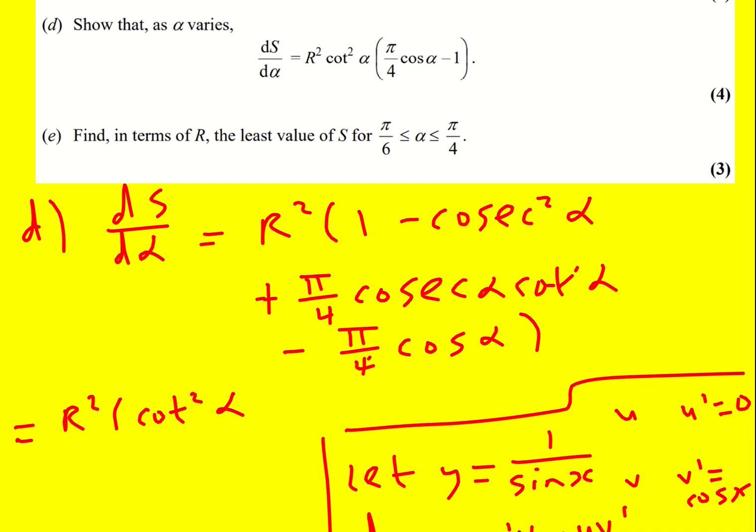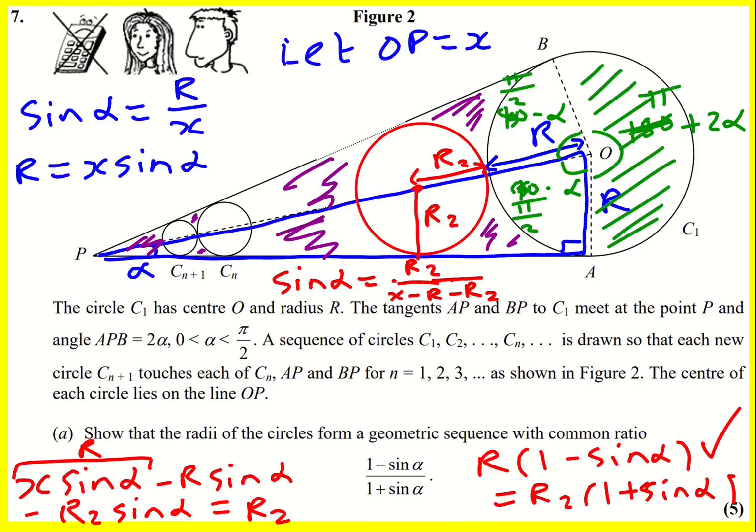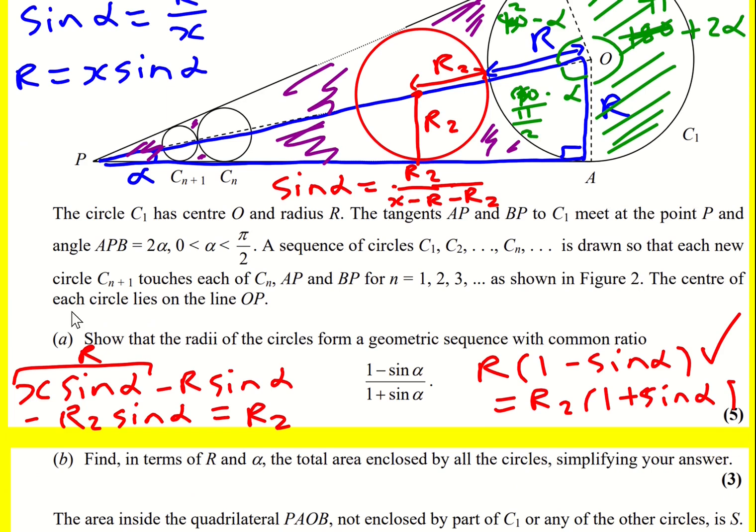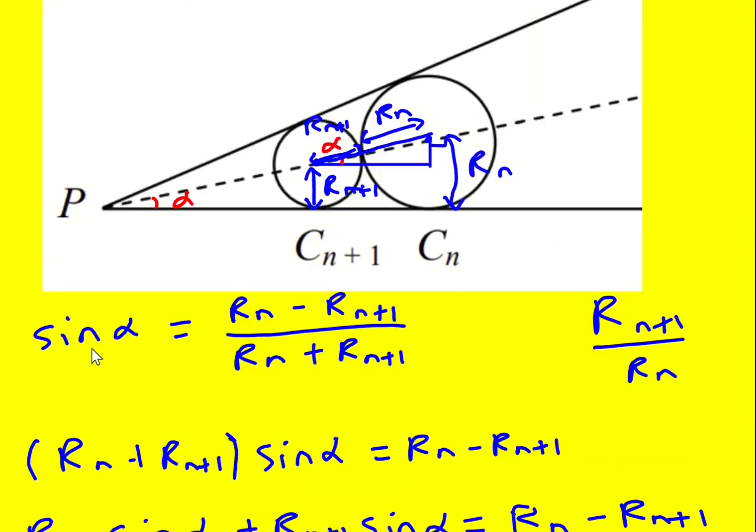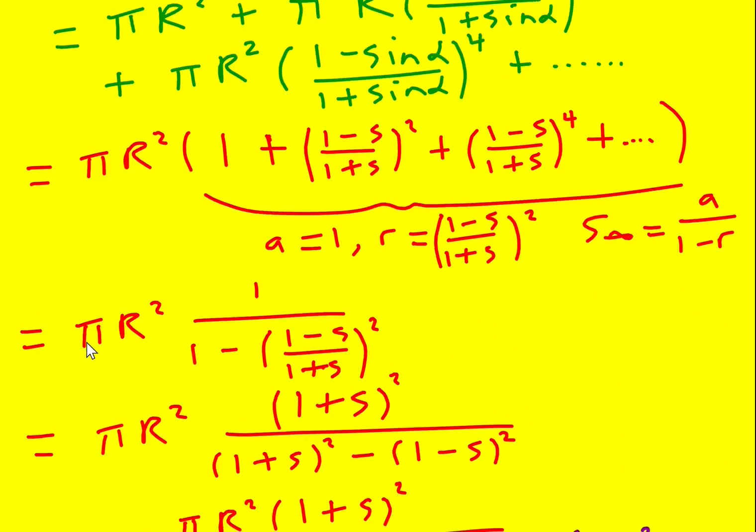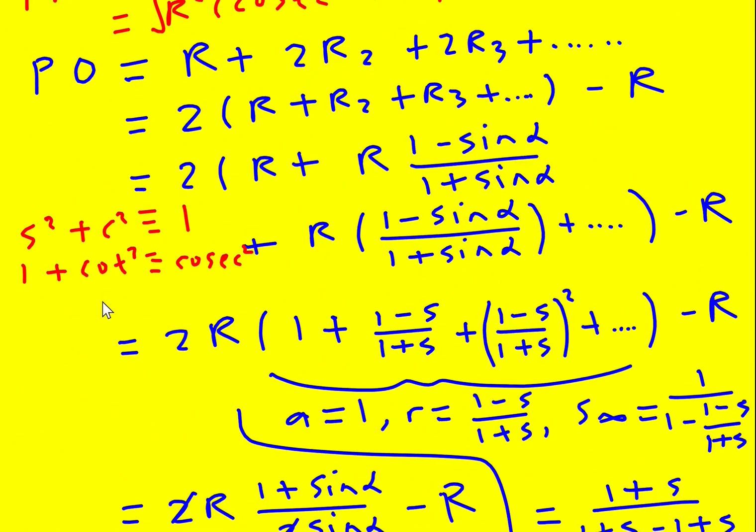I think I just made a mistake actually. Cosec squared minus 1. Where's it gone? Here we go. So cosec squared minus 1 is cot squared.